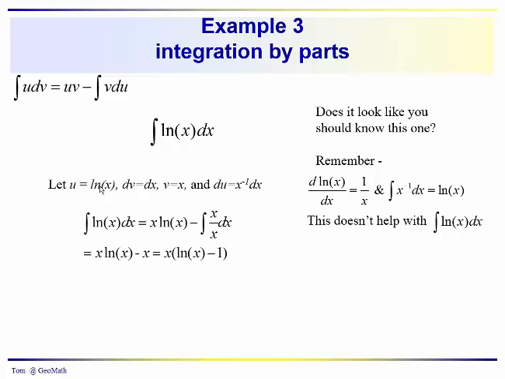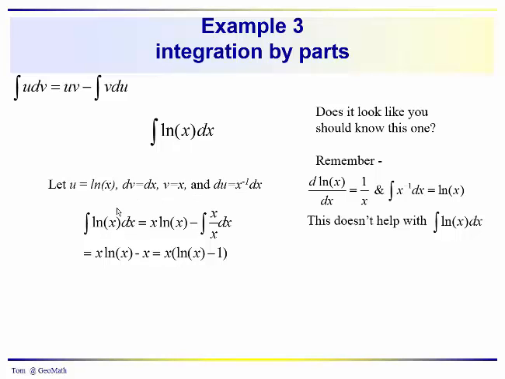So again, take a look and let u equal to... you say, well, we don't really have enough up here to get a u in it. Well, we do. Just let u equal the log of x and dv equal dx. That's going to give us a v of x, if we integrate dx. And that's going to give us a du: if we take the derivative of the log of x with respect to x, we get x to the minus 1 dx.